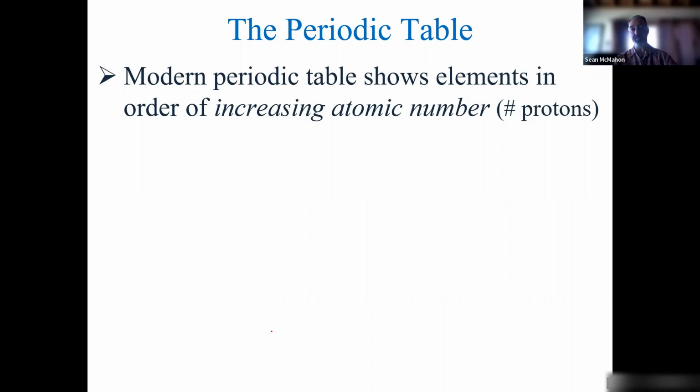So the way the periodic table is organized right now, it's based on what's called the increasing atomic number. What I want you to think of is atomic number is really just the number of protons in an atom of that element. Remember, atom is singular. If I just had one atom, that would be an atom. If I had multiple atoms of the same type of atom, that would be called an element, the plural.